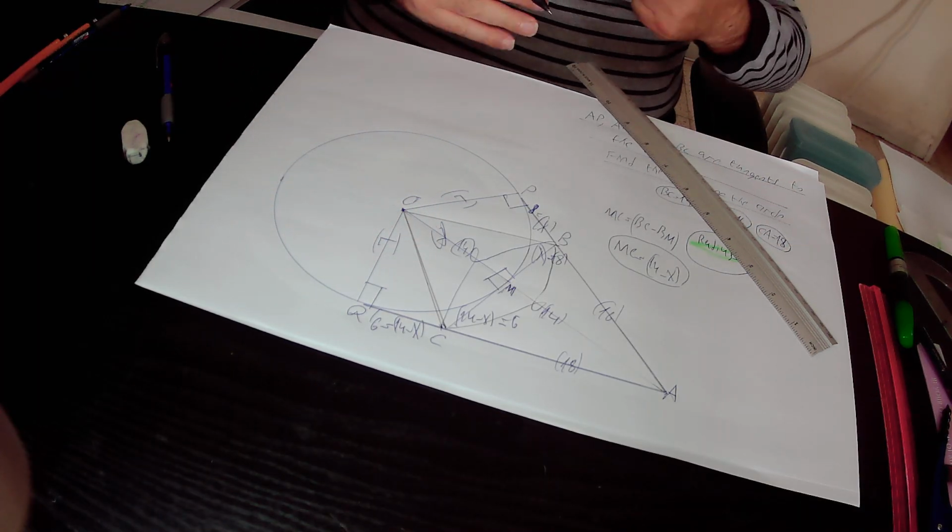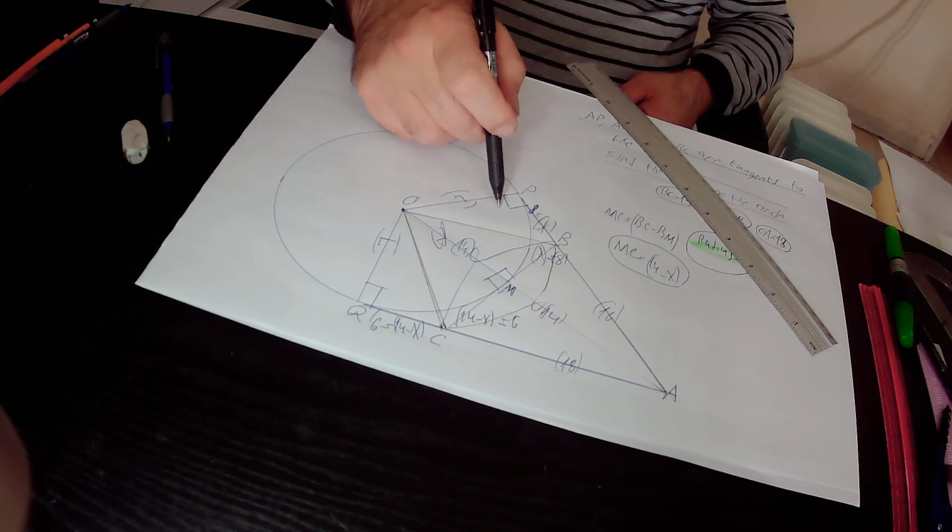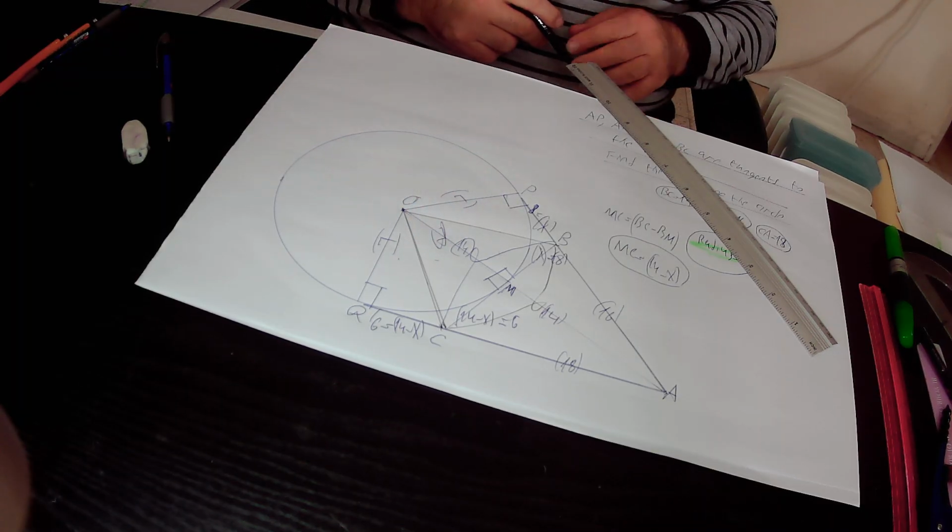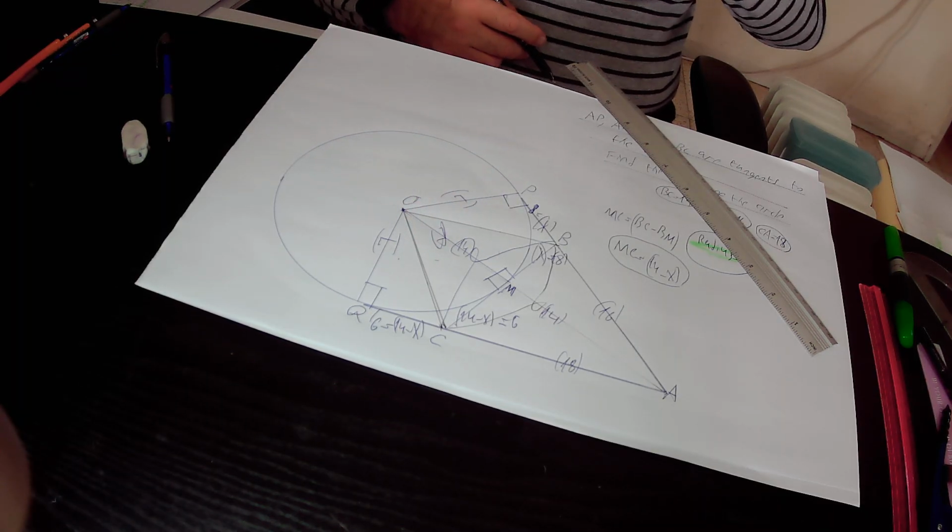When doing those constructions, you get 4 right triangles: 1, 2, 3, 4.